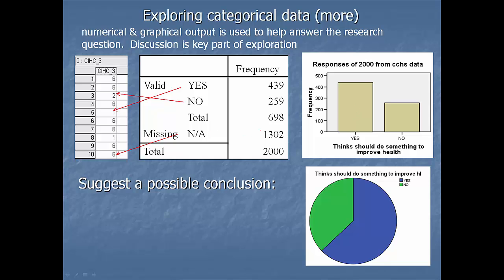The problem here is that out of 2,000 people, we have 1,300 who said, I don't care, I don't know, whatever, or did not answer the question. So when we're comparing these yeses to nos, this information isn't there.